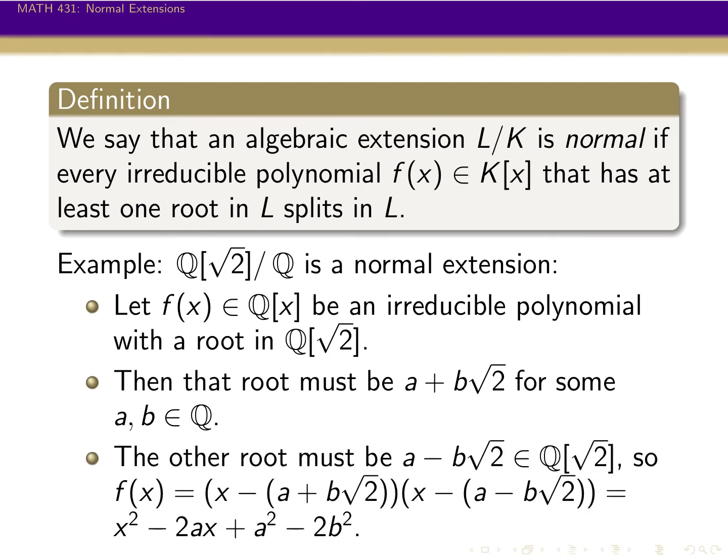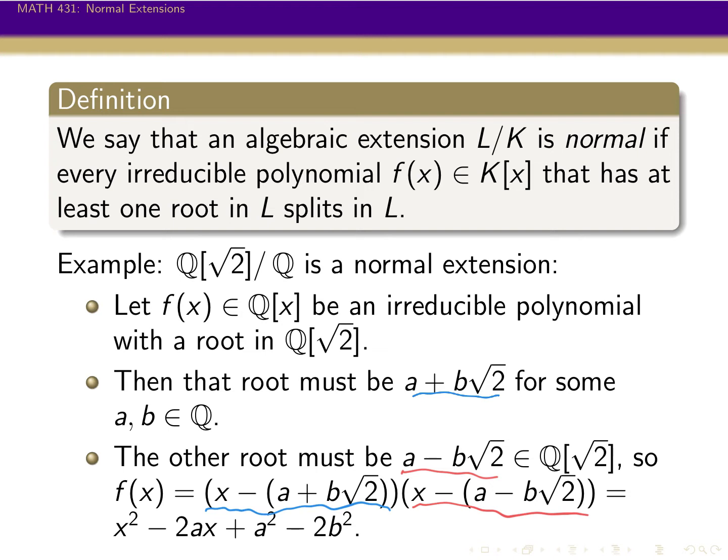And if we know that one root is a plus b square root of 2, then it has to be that the other root is going to be a minus b square root of 2. And this is just because when you take these two linear factors, coming from a plus b and a minus b, and multiply them, you get this quadratic.